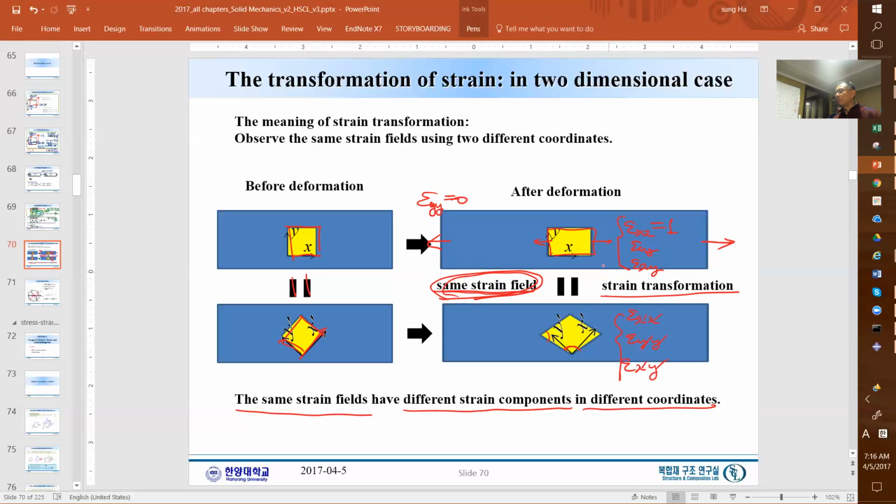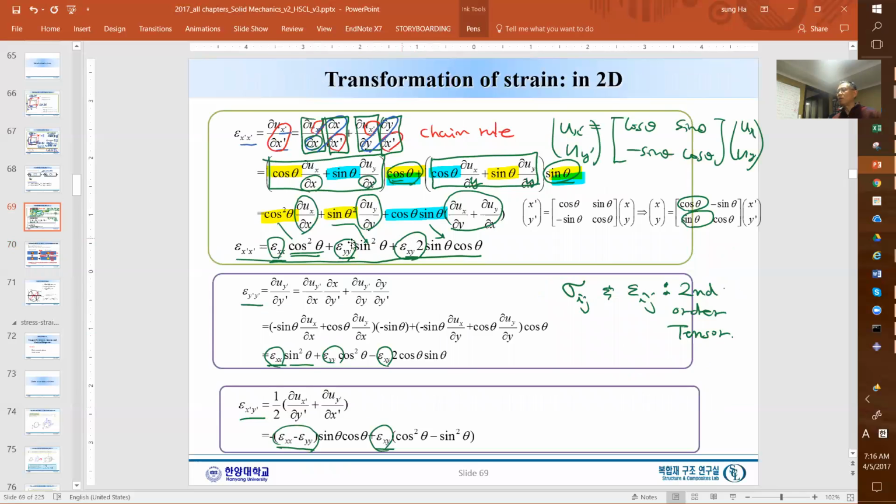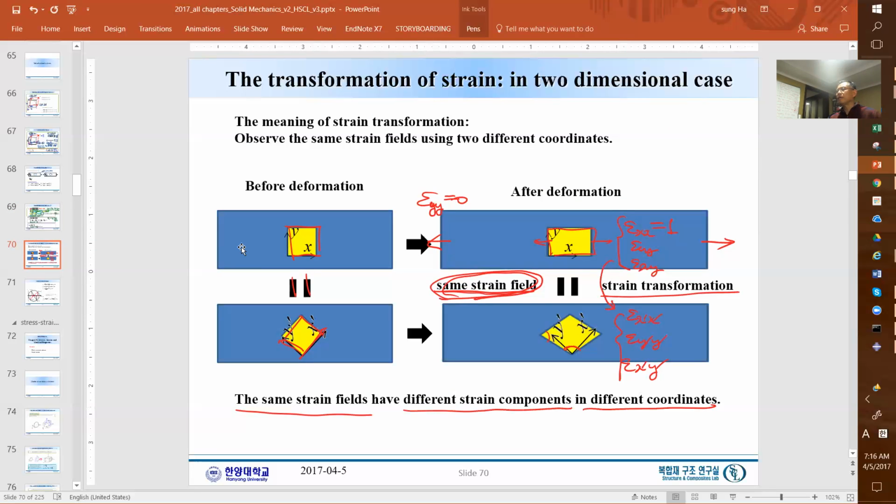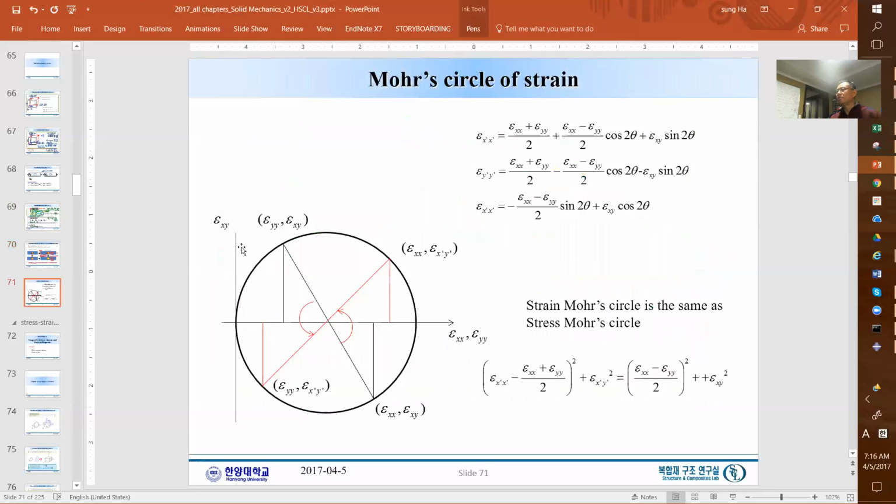So what we would like to derive is to transform or change from these three components to those components. That is what we obtained in these procedures. Okay, that's the meaning of strain transformation.